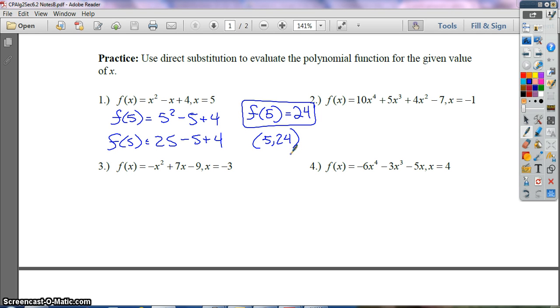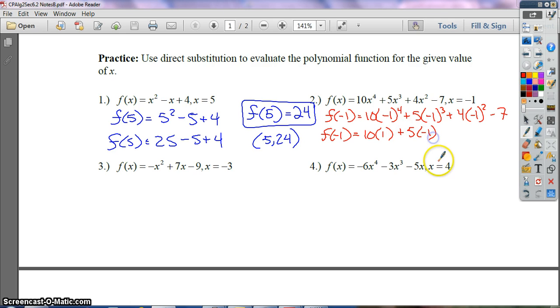Number 2, I'm going to put in negative 1 this time. So f of negative 1 equals 10 times negative 1 to the fourth plus 5 times negative 1 to the third plus 4 times negative 1 squared minus 7. F of negative 1 is 10 times 1, because negative 1 to the fourth is 1. 5 times negative 1, because negative 1 cubed is negative 1.